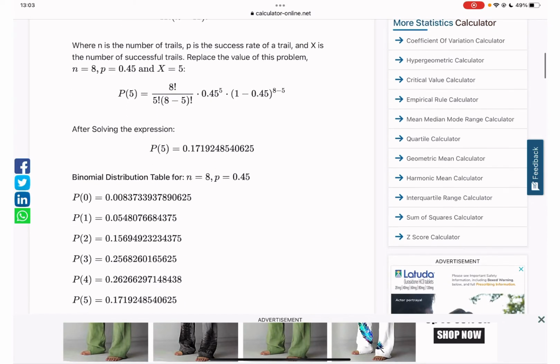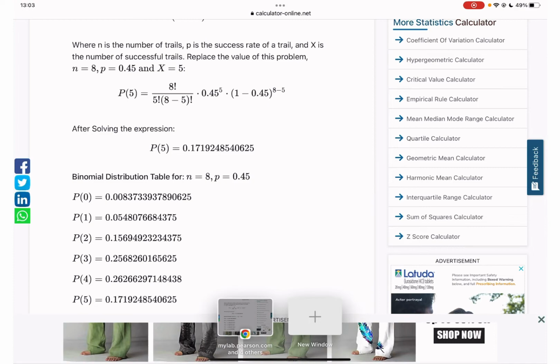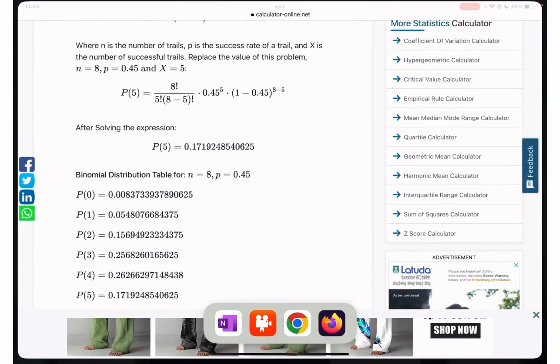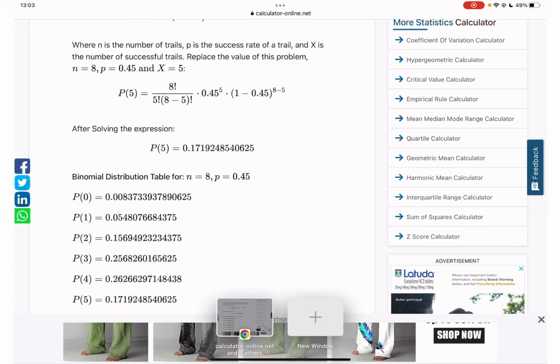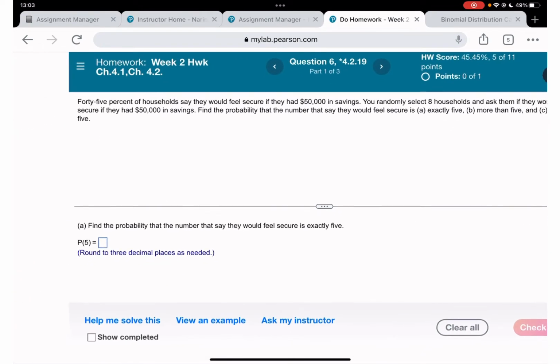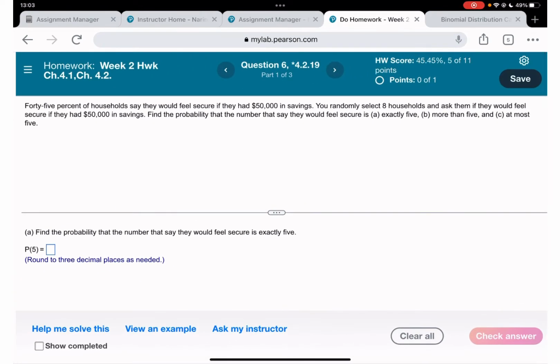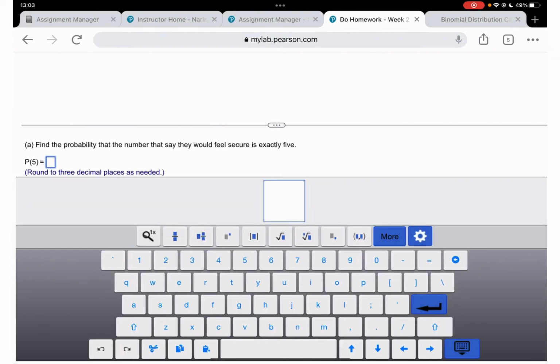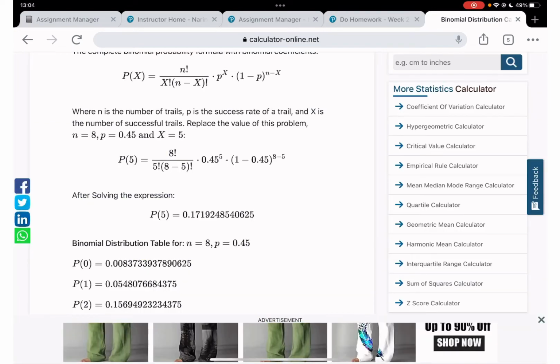And there we go, probability of exactly x equal to 5 is 0.1719. Let's see how many decimals they want. Three decimals, so 0.172 after rounding.